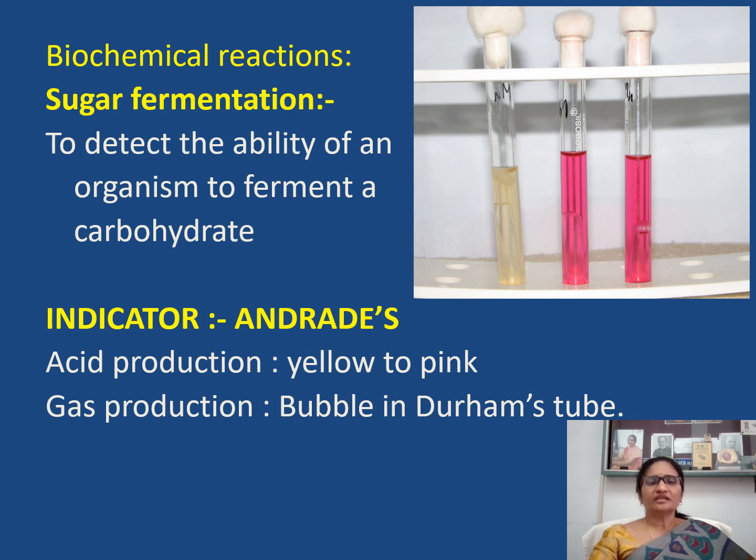Some of the bacteria can utilize these sugars or carbohydrates by fermentation for their energy production. Fermentation is an anaerobic reaction, and some of the bacteria will produce acid as the end product, and some of the bacteria, along with acid, produce gas also as a result of fermentation.